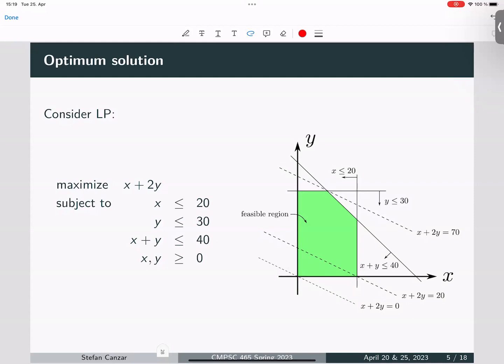The optimal solution will be a vertex of this, I call it polytope. I'm not going to formally define what a polytope is. This feasible region here, this green part, we're leaving at one of these vertices, which means that in general, the optimal solution to such a linear program will always be attained in one of these vertices of this green feasible region. Assuming that this green feasible region exists, we're not going to go into these details. It might be unbounded or infeasible.